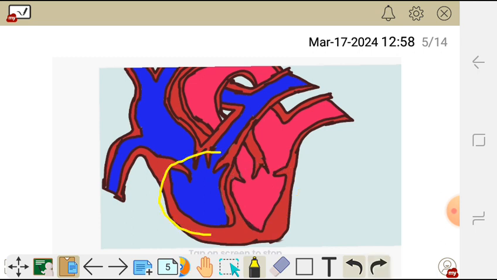And if this part, the right ventricle, is failing to relax so that it accommodates more blood and pumps it to the lungs for oxygenation, if it fails to relax and accommodate an adequate or normal volume of blood, that is what we call diastolic dysfunction.